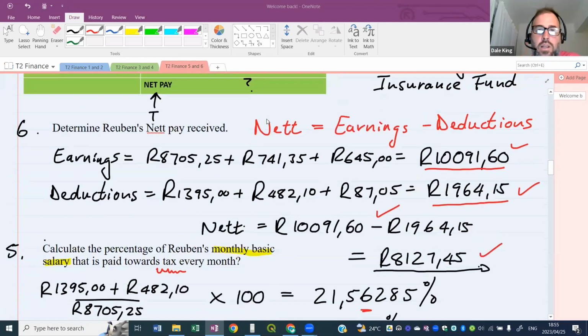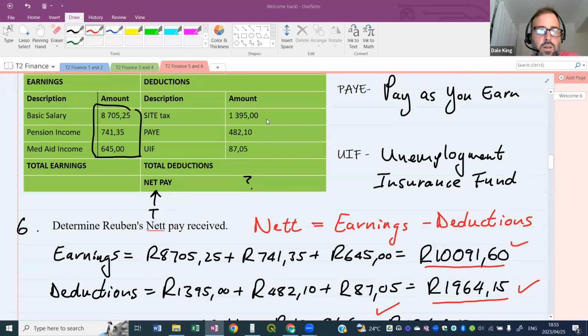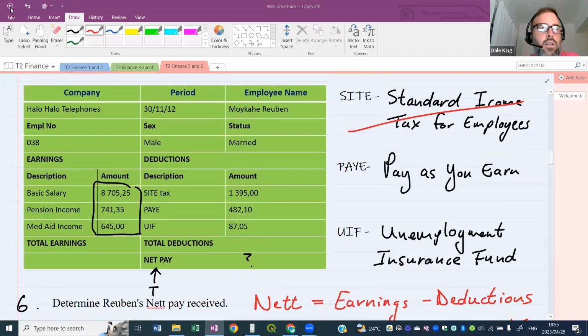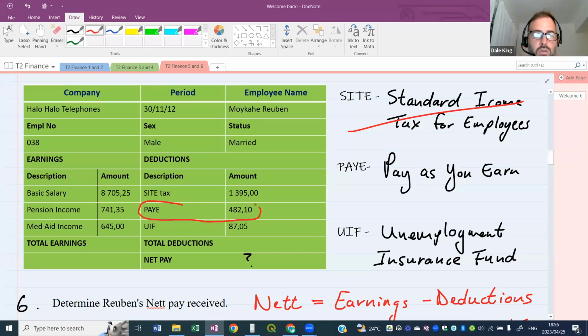I just want to remind you of something here again. I want to go up to this top here. So I wanted you guys to see and work with the taxes on a salary slip and UIF as well. All right, now in Thursday's lesson, we are going to see this PAYE value. Where does it come from? How do we get it?